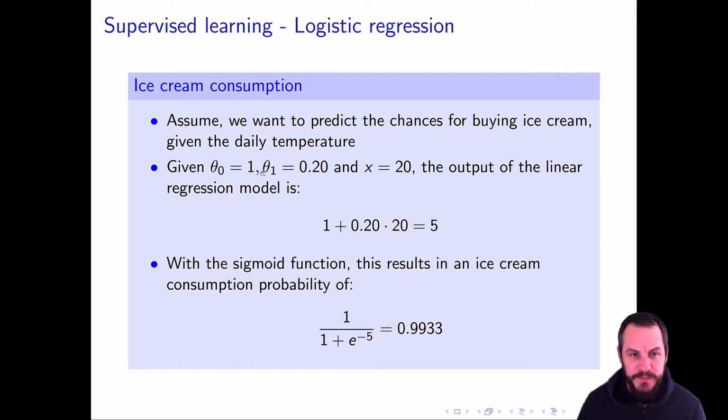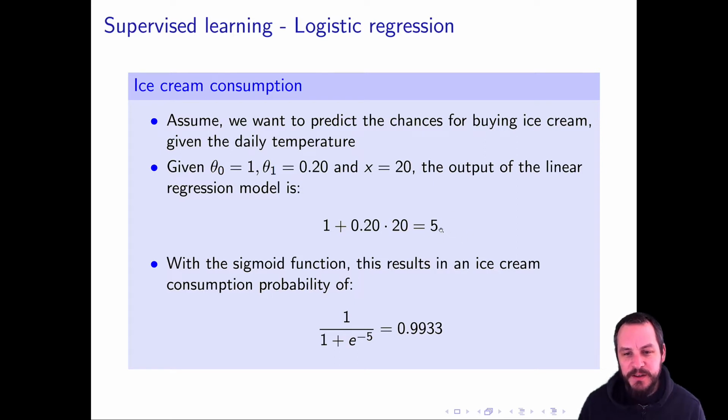So given we have some parameter estimates, for instance, if we have one feature variable, then we would have our constant, the parameter set to 1, and the parameter that belongs to the feature variable. Now this would be the output that we used for the linear regression model, which in this example would be a value of 5.